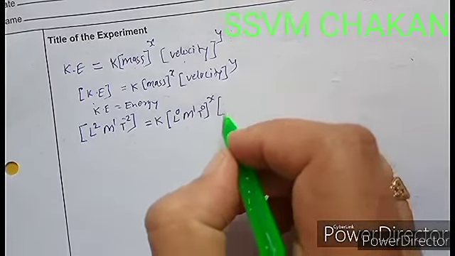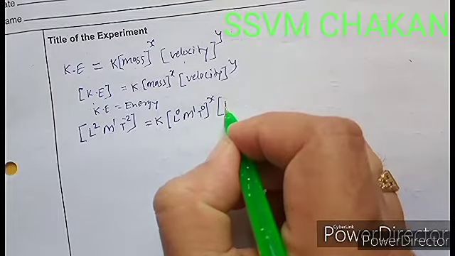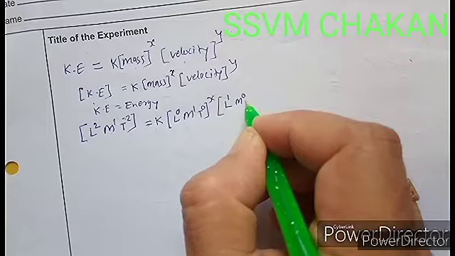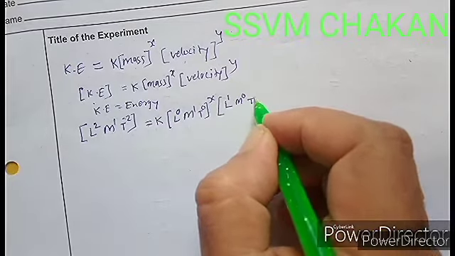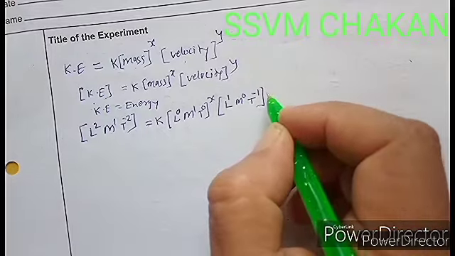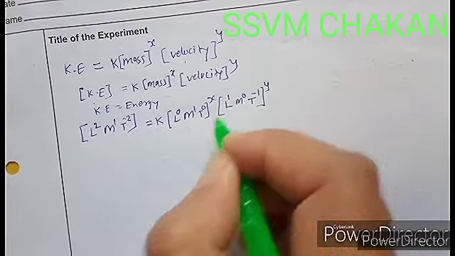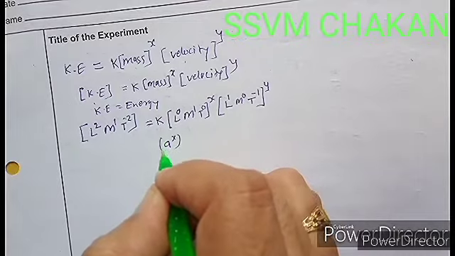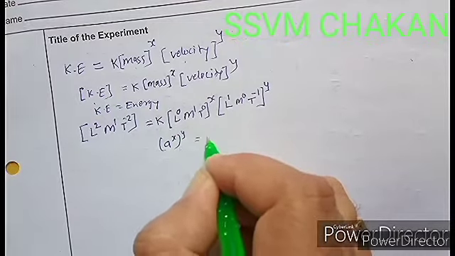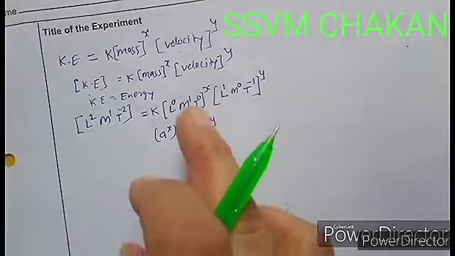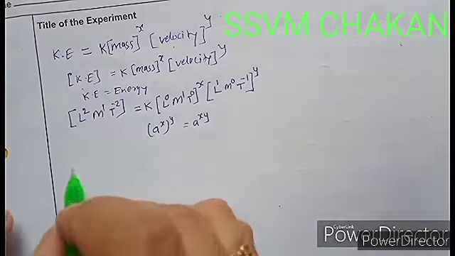Velocity is distance upon time, so L1 in the numerator and T in the denominator, T raised to minus 1, all raised to y. We know the general rule: a raised to x raised to y is a raised to x into y. The same rule we apply here to the RHS.